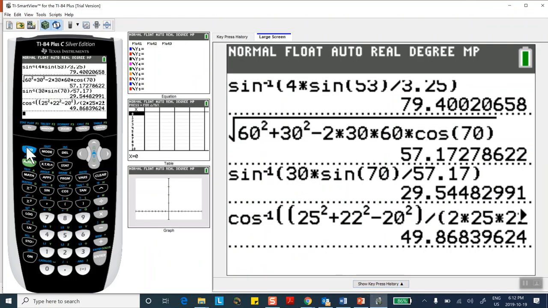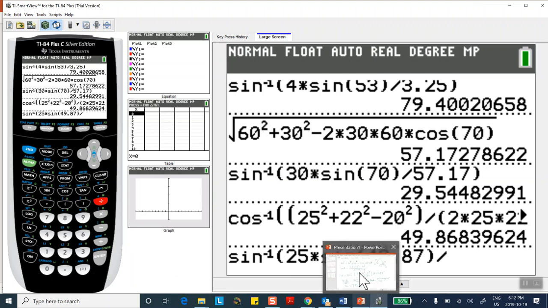So we have the second function, sine inverse. 25 times sine of 49.87, close the parentheses and divided by, I think it was 20, was it not?